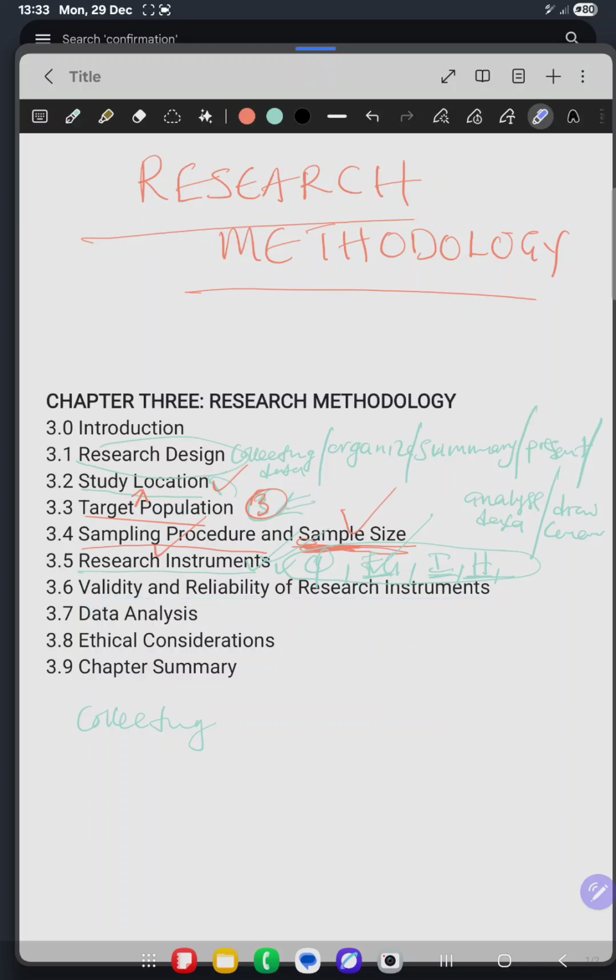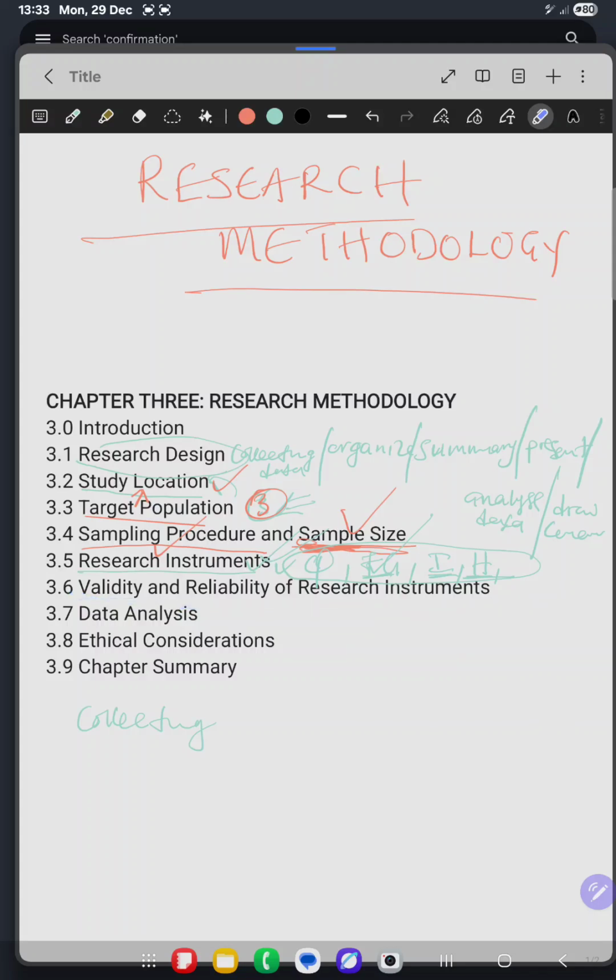Valid meaning, how do you know that these research instruments will not disappoint me? They are true. They will give me proper, reliable answers. How do you know that the questionnaires, the focus group discussions, the interviews, the history, the observations will give you valid and correct answers? That is what we call validity and reliability of research instruments.